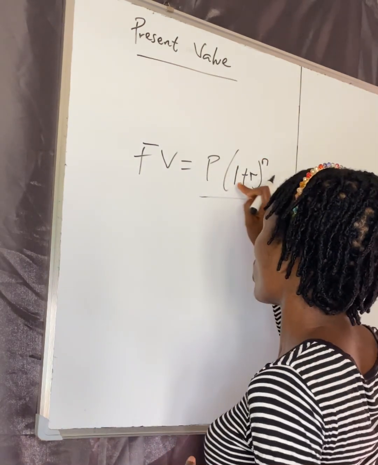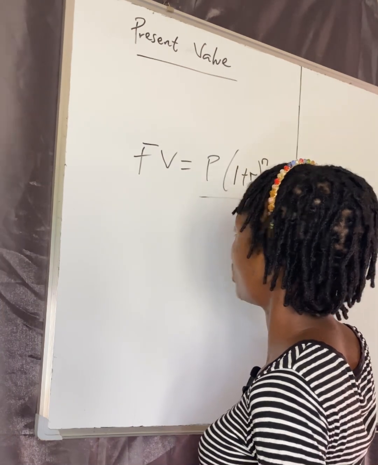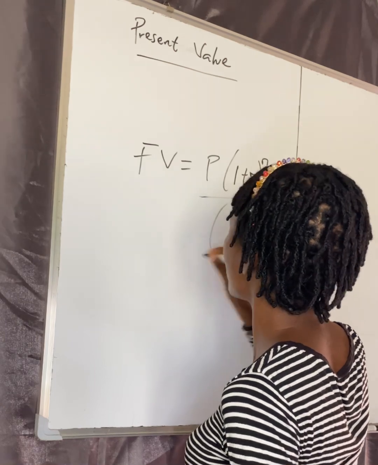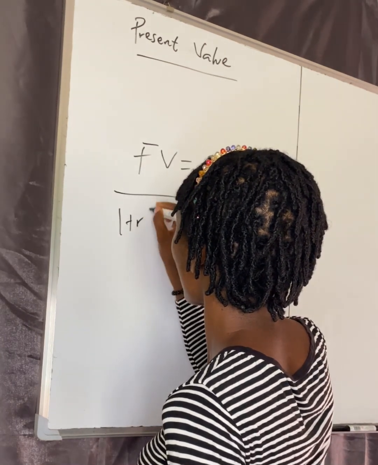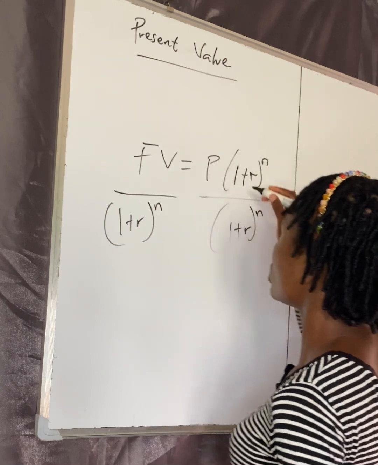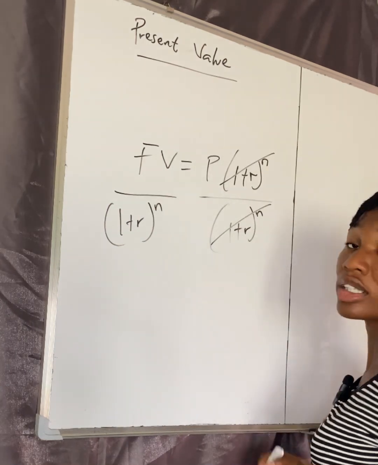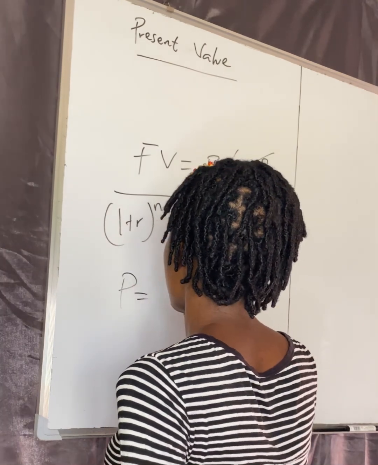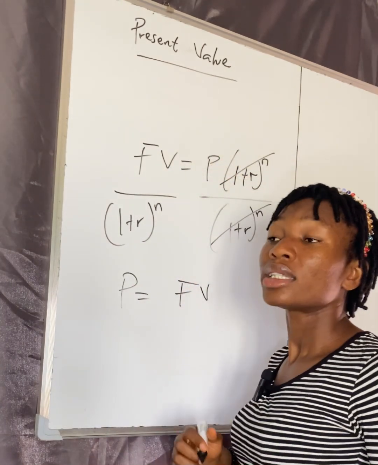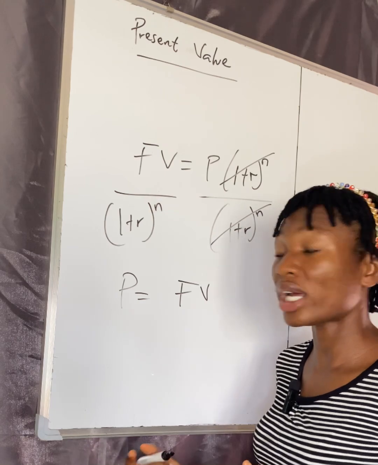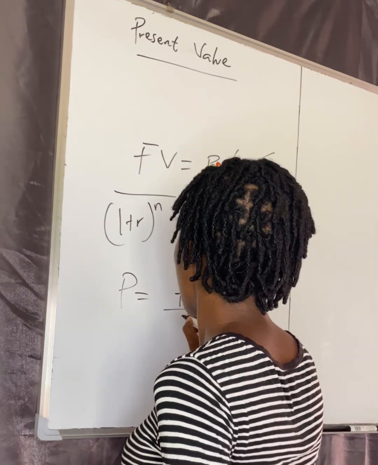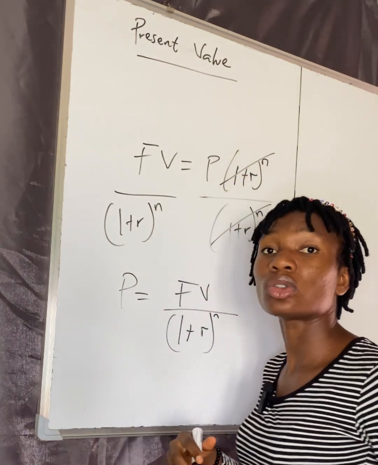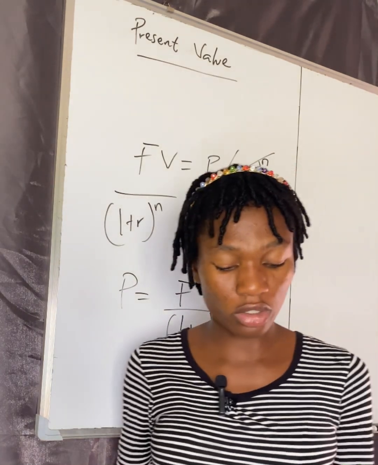In this case, the coefficient of P is (1 + r) raised to the power of n, so we divide both sides by this, so that it is struck out and we are left with P. That is to say that our present value formula is simply our future value, that amount of money we want to have in the future, divided by (1 + r) raised to the power of the number of years.